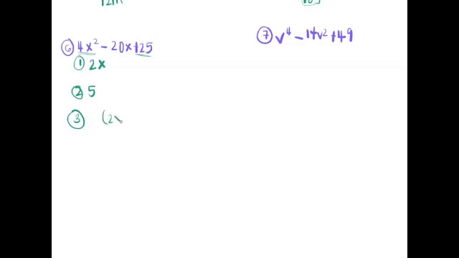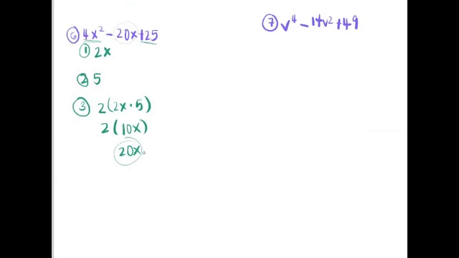So I get 2x times 5, so the first step answer times the second step answer, then we're going to multiply that by 2. In the parenthesis, I get 10x. If I simplify that further, I get 20x. So neglecting the sign, does this 20x and that 20x match up? It sure does.